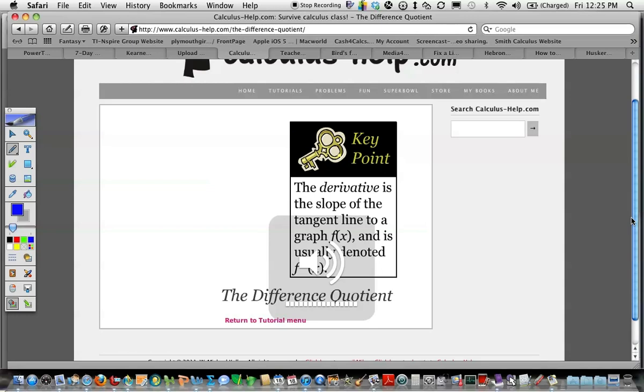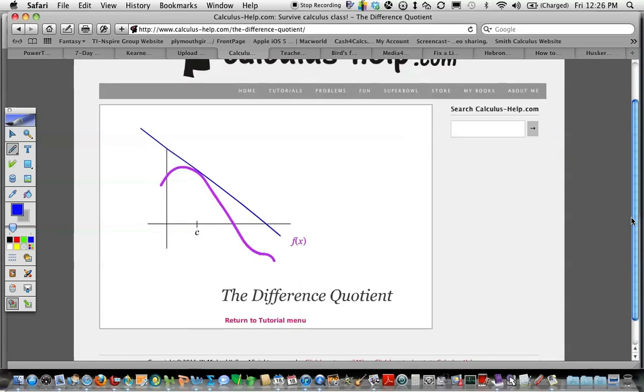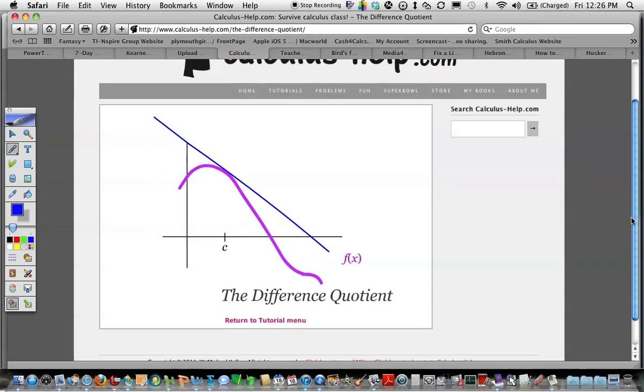Well, in calculus, the derivative is the slope of the tangent line to a graph. For instance, here's a graph, f of x, the point c that I've noted. The tangent to f at x equals c would look like this. In essence, a tangent line is just a line that touches the graph once at that point, sort of like a pencil resting there.